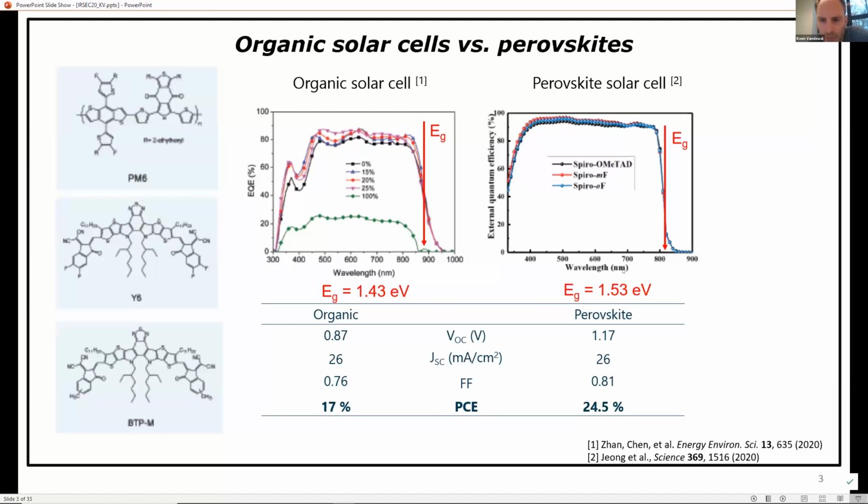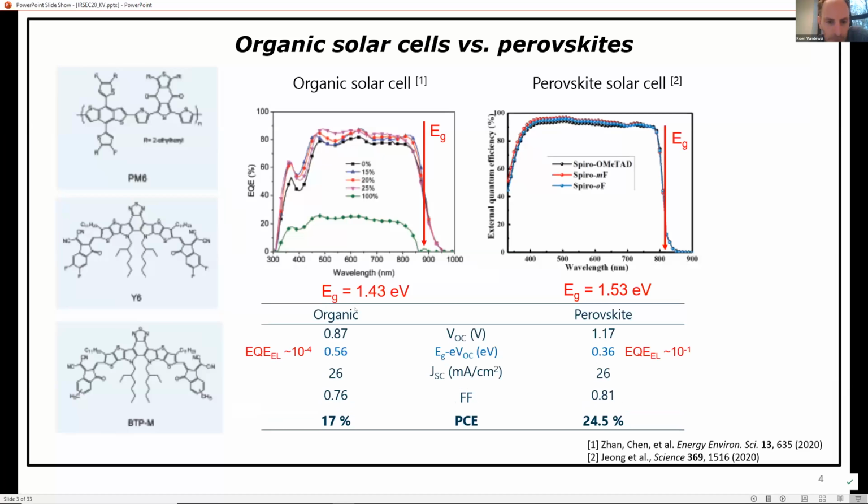Perovskite gap has remained about the same, but there again the VOC has gone up, with a high current, which makes it to 25%. So again here it's the open circuit voltage, which is very much lower than that of perovskite solar cells.